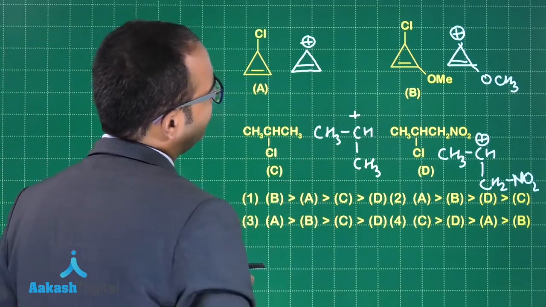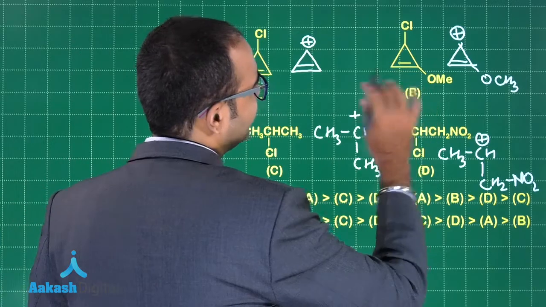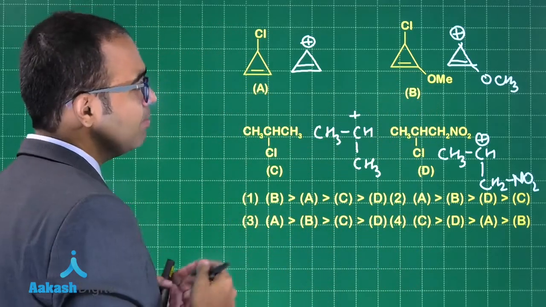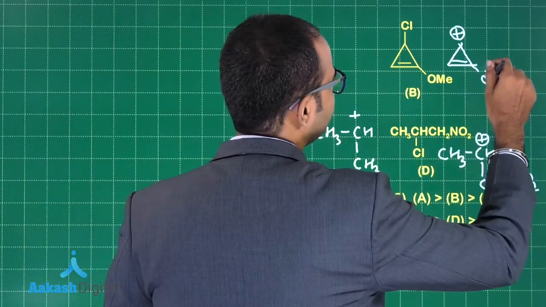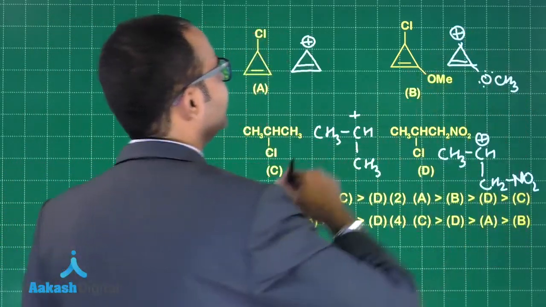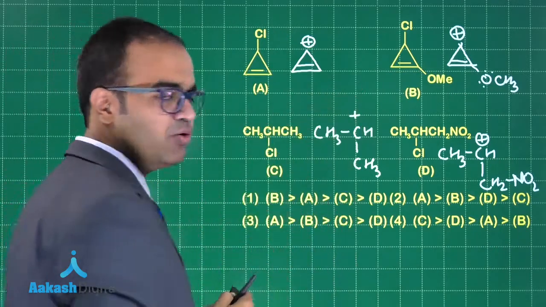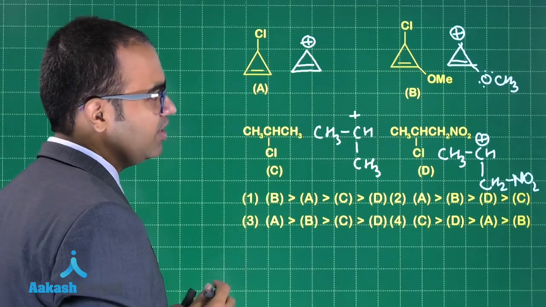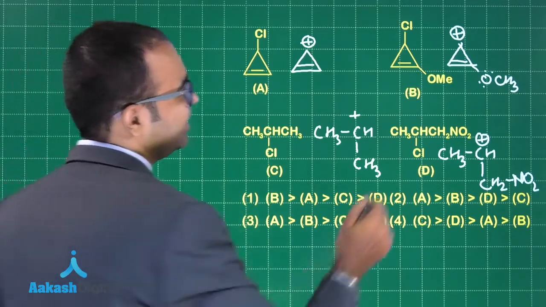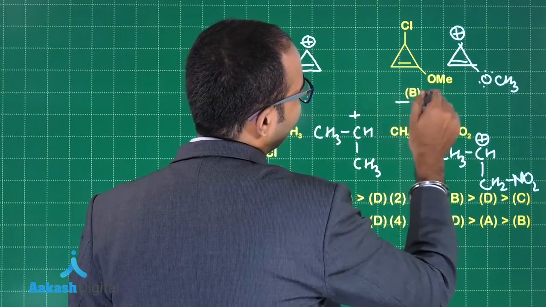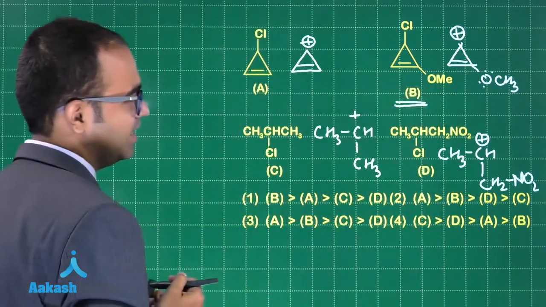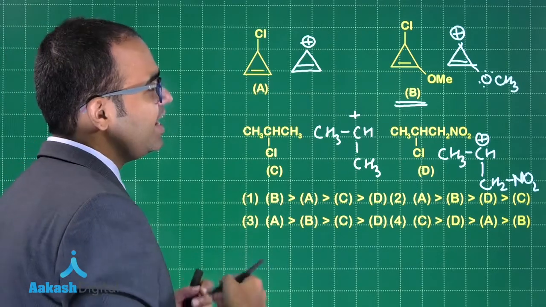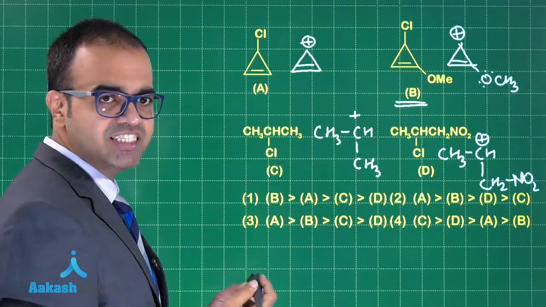Out of all the carbocations, in A and B resonance is possible, right? Plus, the lone pair of oxygen is also involved in resonance in the second compound which is given to us. So the most stable carbocation over here will be the carbocation which we are getting from the second compound. So the second compound will very easily give us a precipitate with AgNO3.